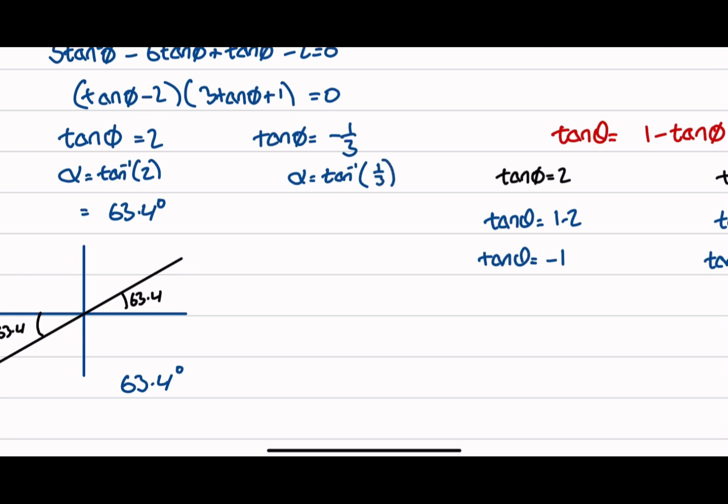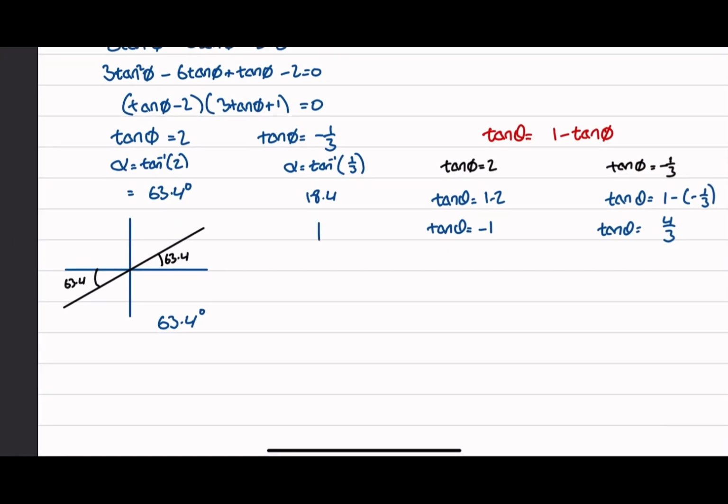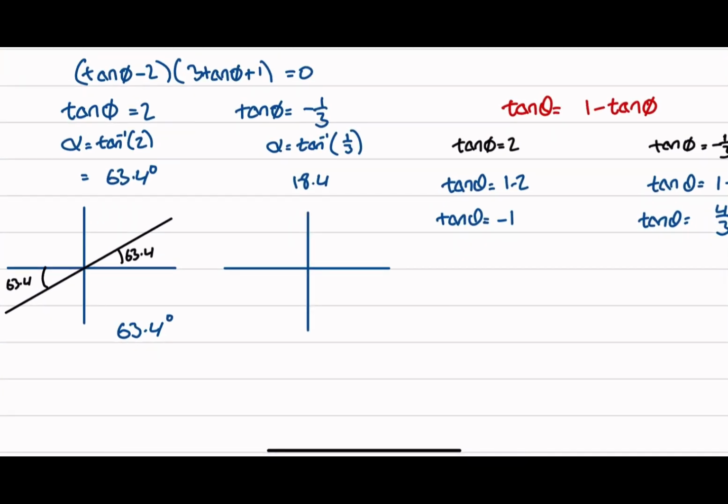We disregard the negative sign for now. So tan inverse of 1 over 3 in degrees gives us 18.4. We sketch the quadrants, and since tan over here is negative, it won't be in the first or third quadrants, it will be in the second and fourth quadrants.